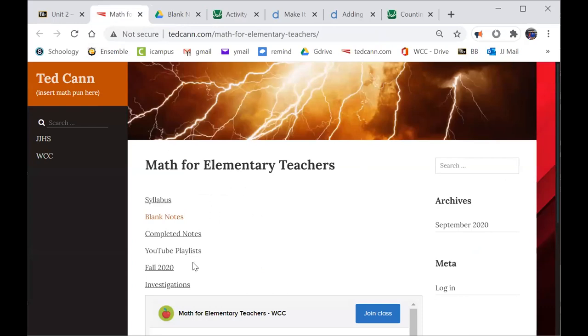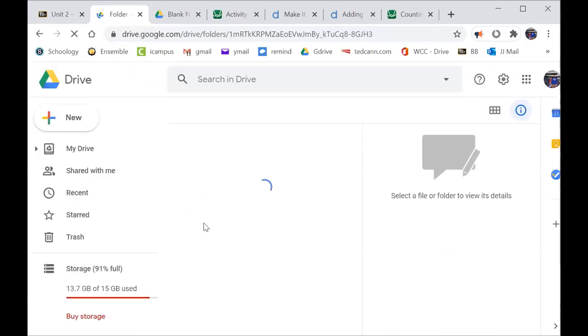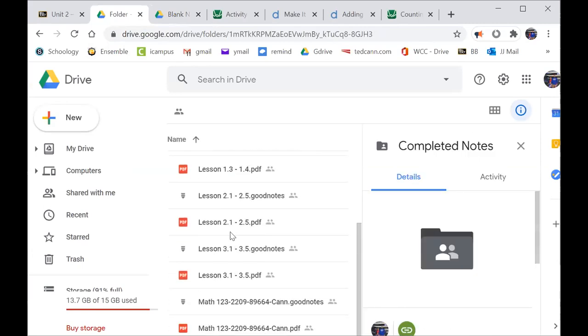The other possibility is that you just live in the completed notes, which also has the 3.1 to 3.5 included. The difference is that this will have completion. After we take notes, this one will be all marked up, but the other one won't be. So it all depends on what you want.